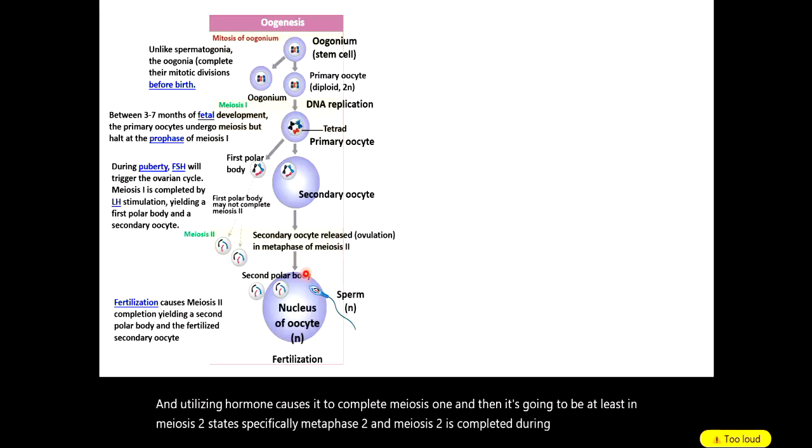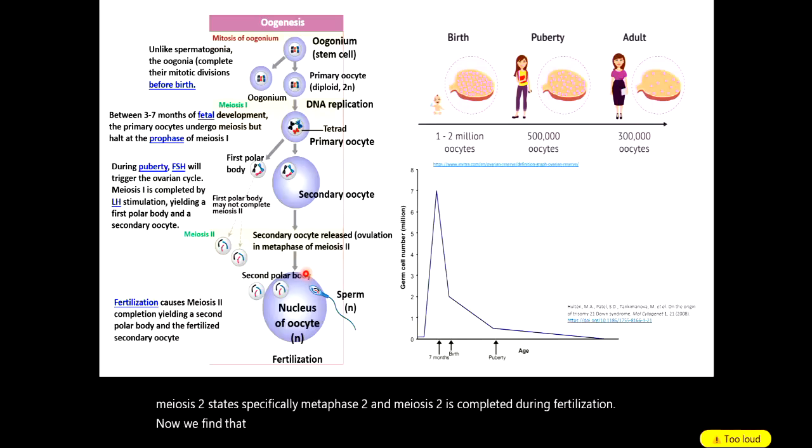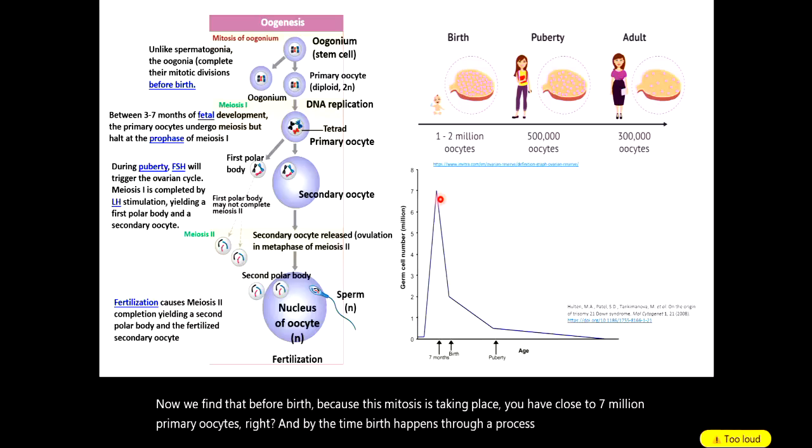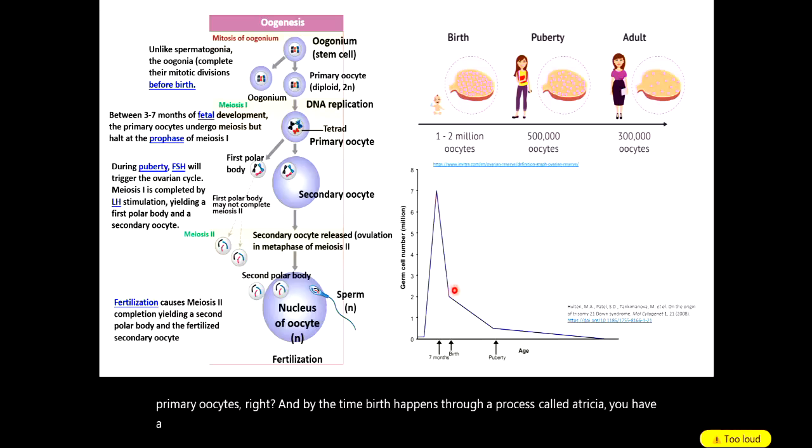Now we find that before birth, because this mitosis is taking place, you have close to 7 million primary oocytes, right? And by the time birth happens, through a process called atresia, you have a dramatic decline in the number of oocytes.